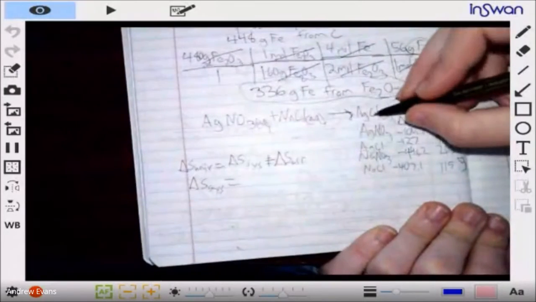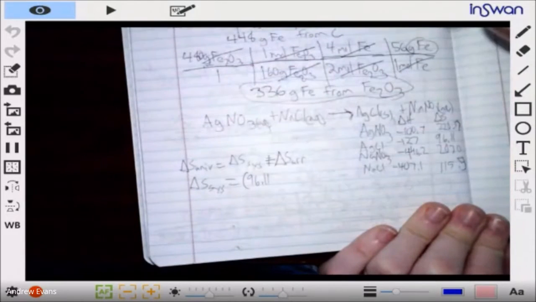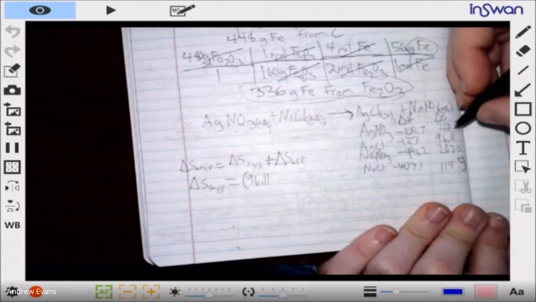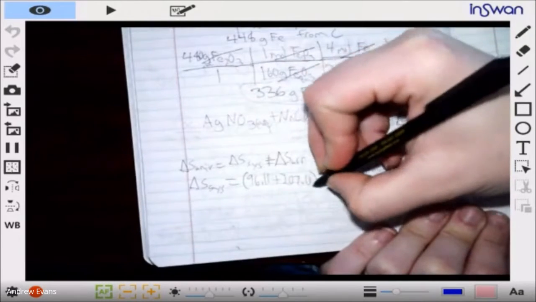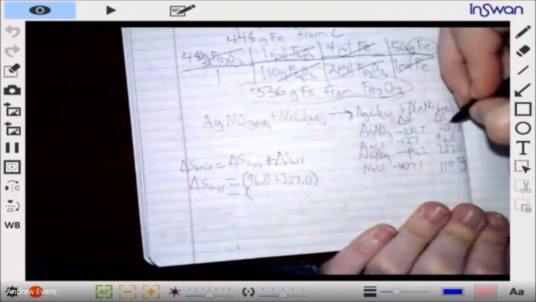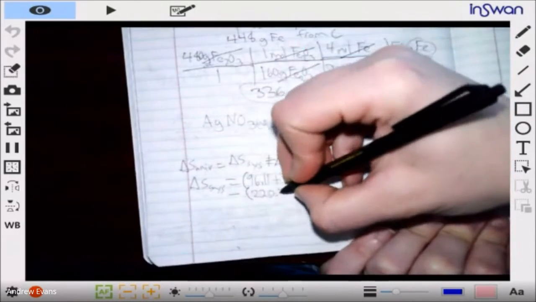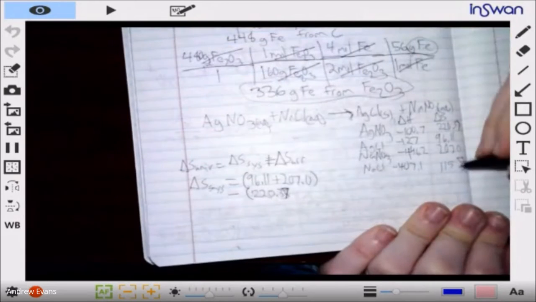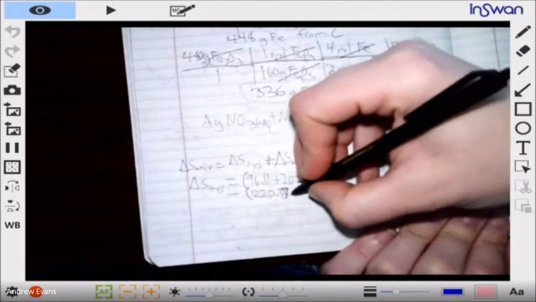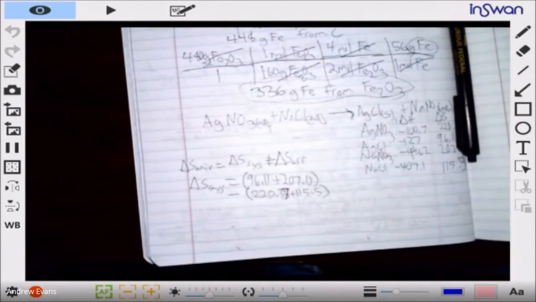So our products, silver chloride, 96.11, and sodium nitrate, 207.0, minus our reactants, silver nitrate, which was 220.37, and sodium chloride, which was 115.5. So products minus reactants will give us the delta S of the system.